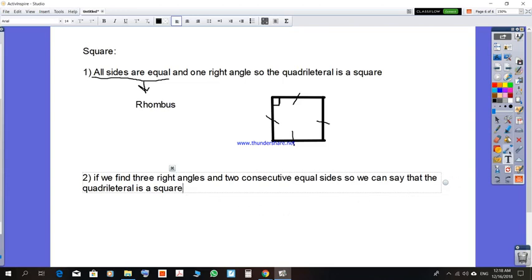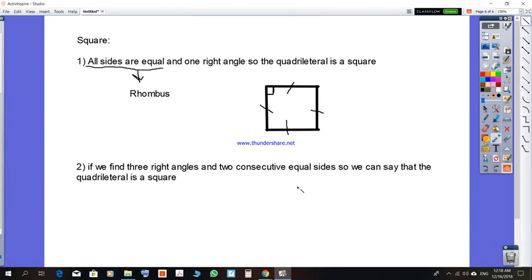If I find three right angles in the quadrilateral and then two consecutive sides are equal, then we can say that the quadrilateral is a square, excuse me, is a square.